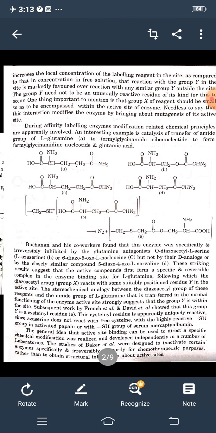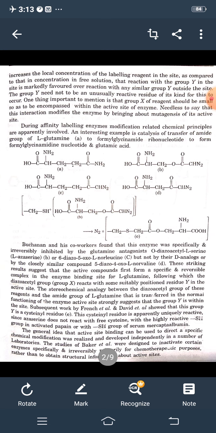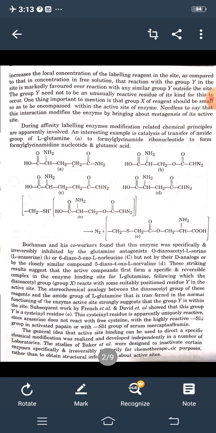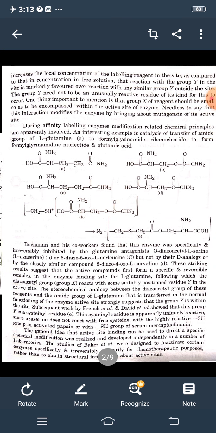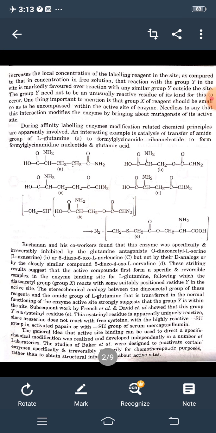One thing important to mention is that group X of the reagent should be small so as to be encompassed within the active site of the enzyme. So during affinity labeling, enzyme modification, related chemical principles are apparently involved as shown in this.